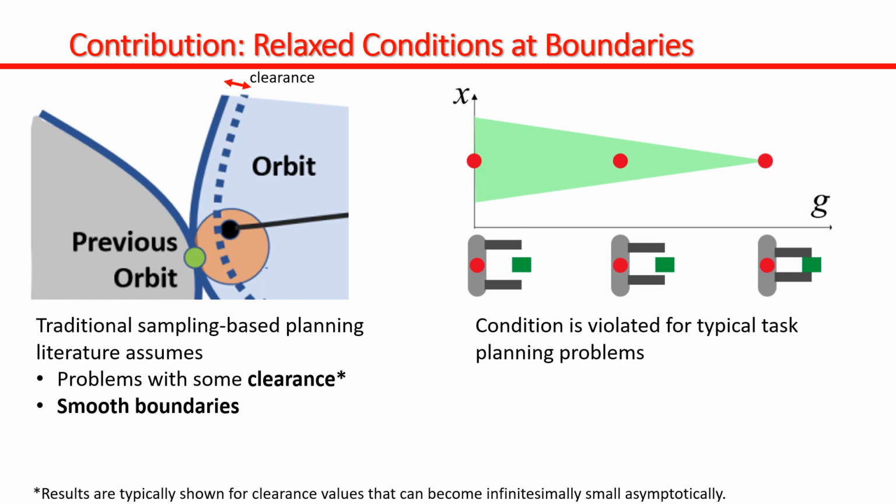And this kind of geometric contact is expected to happen a lot for typical task and motion planning problems where the robot interacts physically with the environment. So the question now arises: can we reconcile the theoretical modeling of this problem to explain or address these boundary points which might not lie on smooth boundaries?